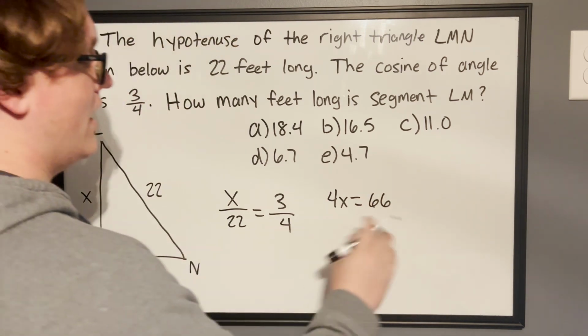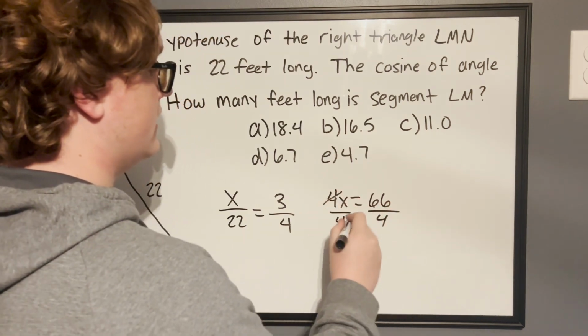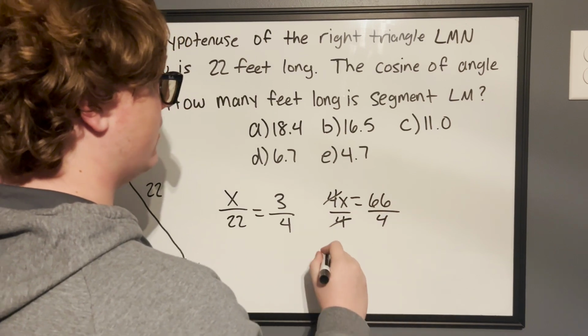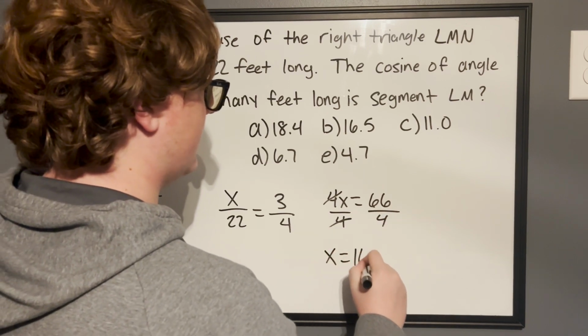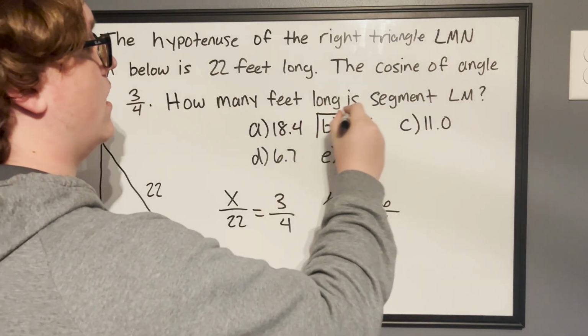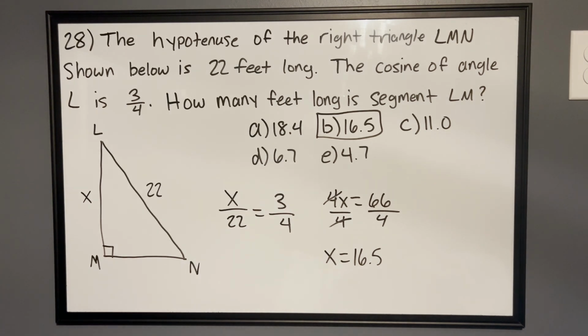Now we can divide everything by 4. This turns into 16.5. So x is equal to 16.5, and our answer for this question is going to be option B. So that's it for question number 28. Let's move on to 29.